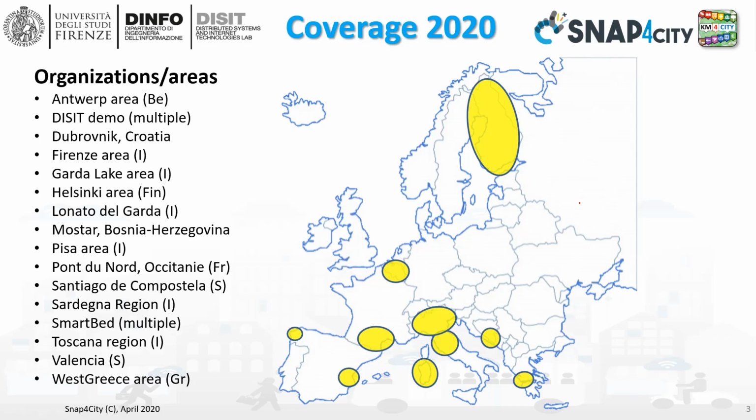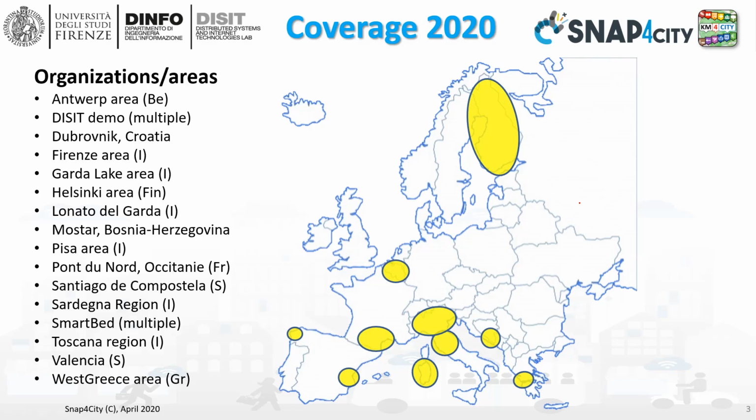We are also present in Finland, mainly from Helsinki, and in Belgium with Antwerp, but we collect data from almost all regions. We are in France, Occitanie. We just started a few weeks ago. We are going to have also Spain.